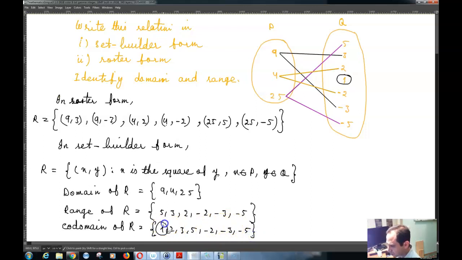So 1 would be related to your codomain, but not to your range, because nothing has been mapped to it. And of course, this is basically the set Q, which is your codomain.